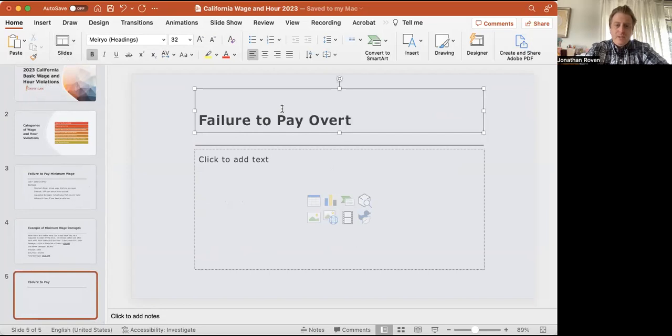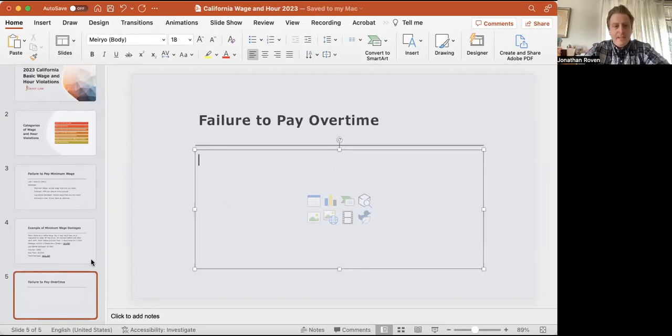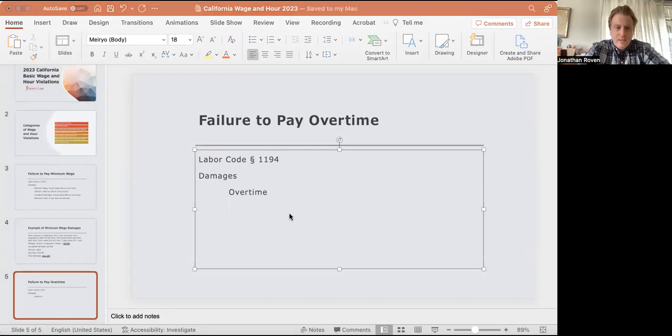Failure to pay overtime. One of the damages calculations is, again, under Labor Code 194. So the damages would be the overtime, then interest, and attorney's fees.